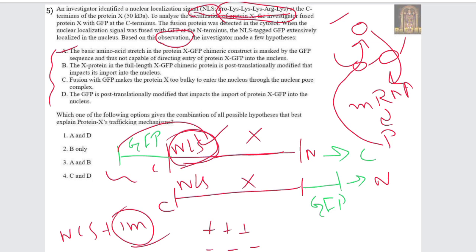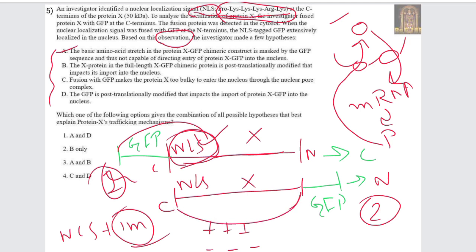And option B is saying the X protein in the full-length X-GFP chimeric protein is post-translationally modified, which impacts its import into the nucleus. In the second case, we can see this protein is going inside, so there is no problem.